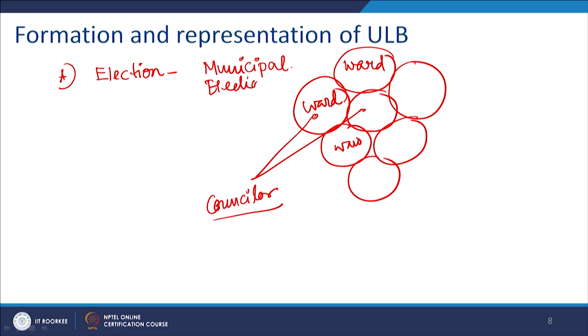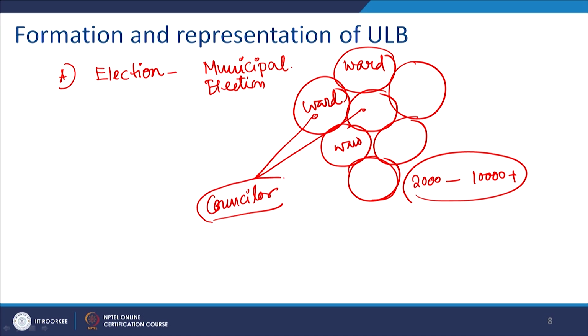Naturally, the constituency of the municipal election, a ward, will be much smaller than the legislative constituency and the general constituency. We have seen that the population standards for a ward may range from 2,000 to even 10,000 plus. So, one ward will represent one public representative, which we call a councillor.